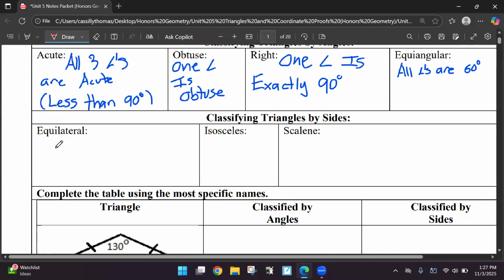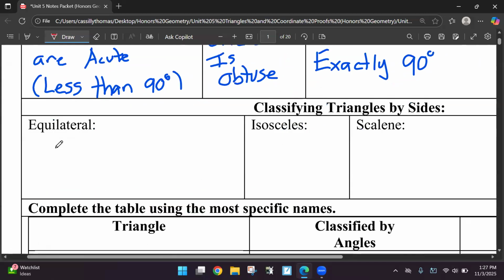If I want to classify triangles by their side lengths, I say equilateral. An equilateral triangle is one where all three sides of the triangle are congruent.